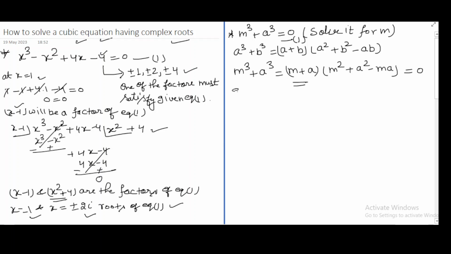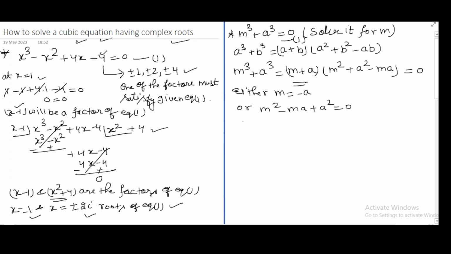Now either m equal to minus a or m square minus ma plus a square equal to 0.